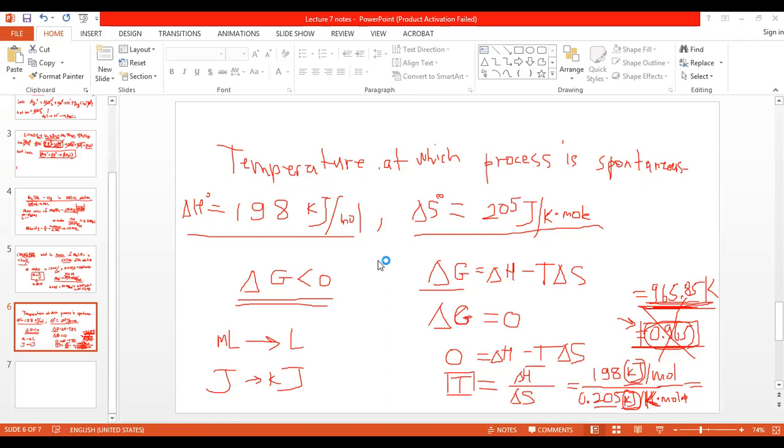We found the temperature at which we had equilibrium, right? Now you need to find the temperature at which it's going to be spontaneous. So what's going to be the temperature?